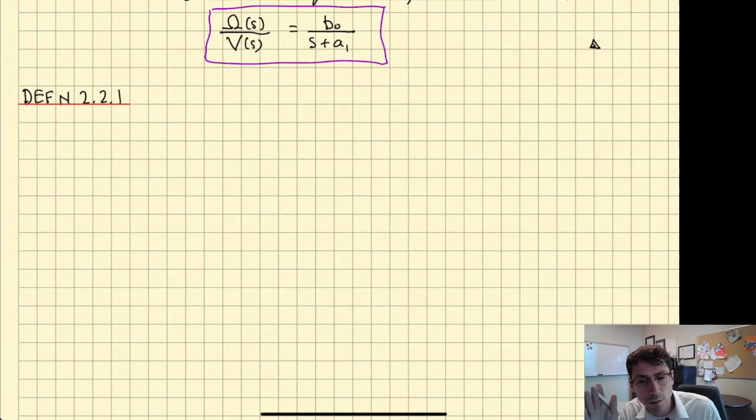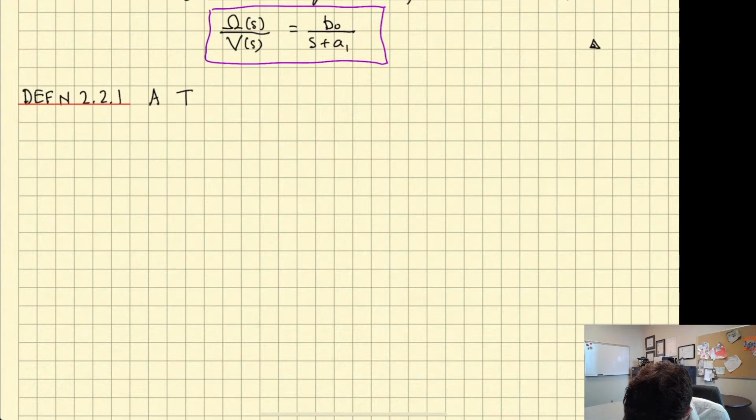We're going to say that a transfer function is real rational. So a transfer function, G of s, is real rational.